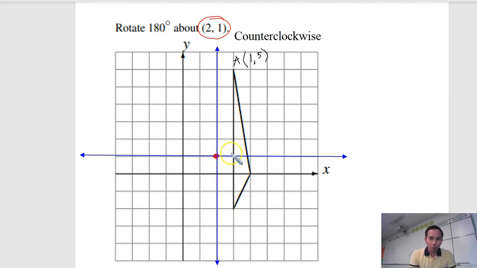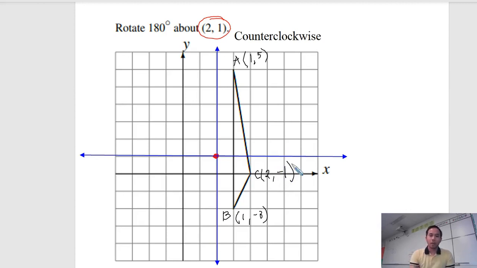Next, I have 1, 2, 3. So this is (1, -3). Let's say this is my B. And then my C is (2, -1). We'll be using them to rotate 180 degrees.